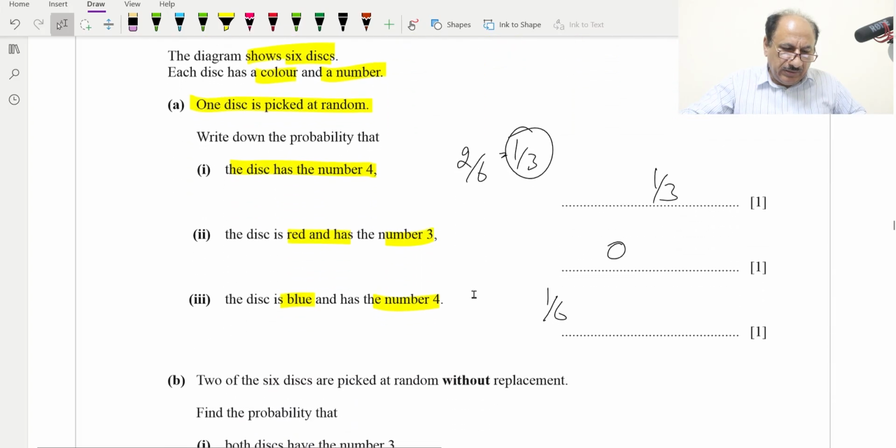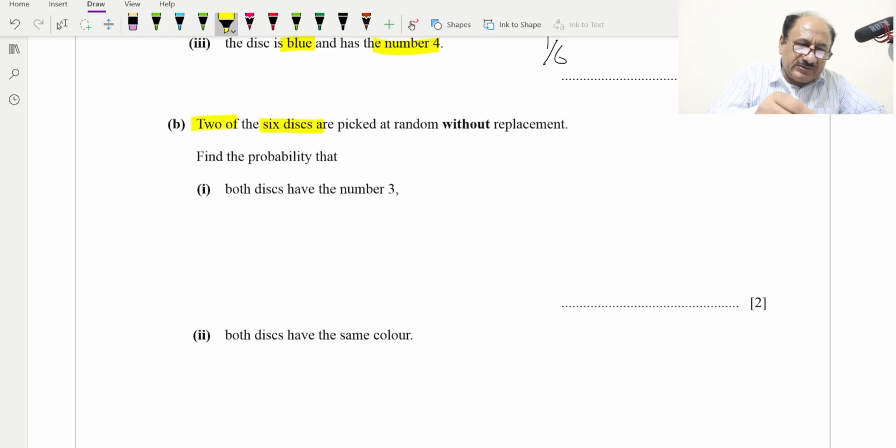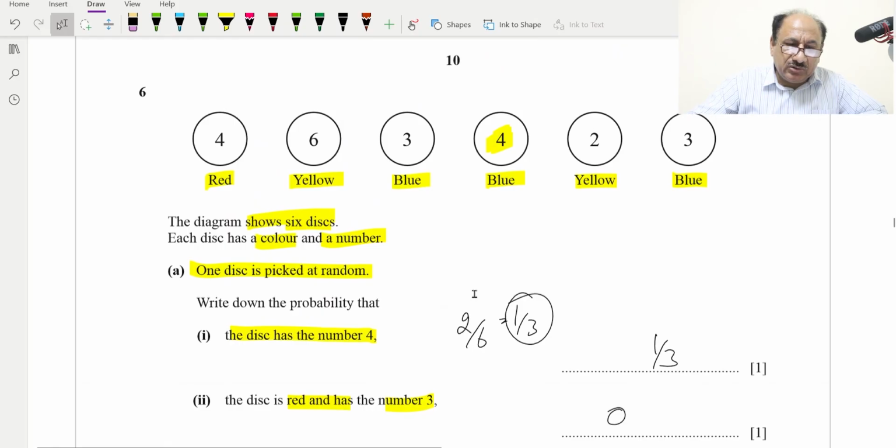Now next part, two of the six discs are picked at random without replacement. This is very important, without replacement. So find the probability that both discs have the number 3. Number 3 is there two times.